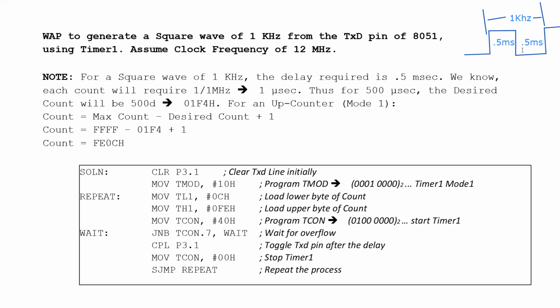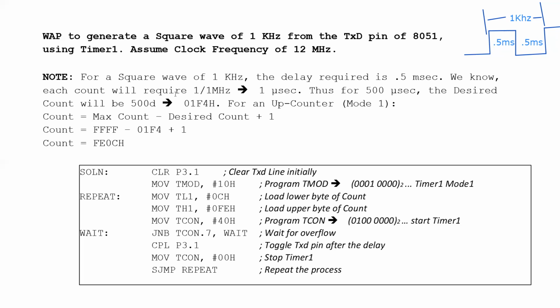If the delays are different, that is a shorter delay for the on state and a greater delay for the off state, you will get a rectangular wave. And if you give a delay for the off state and no delay for the on state, you will get spikes. So for a square wave of 1 kilohertz, the delay required is 0.5 millisecond.